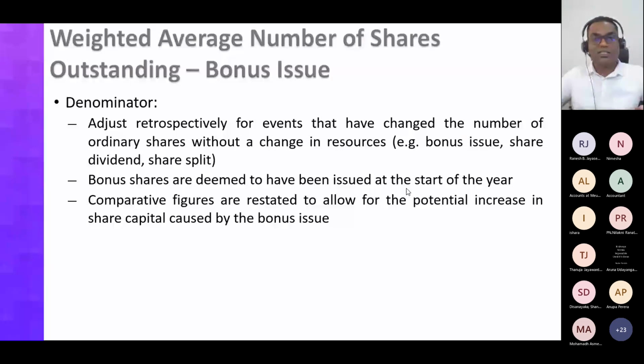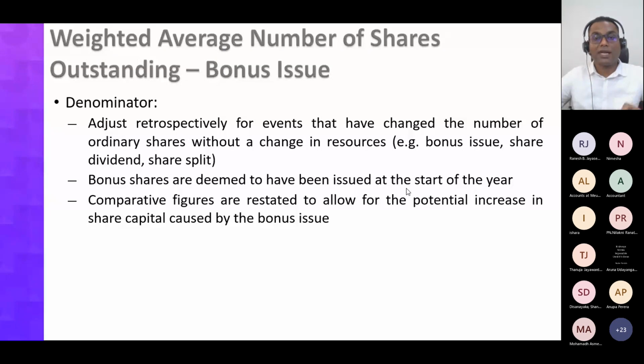Share dividends. Dividends are paid by the company not by using cash but by issuing shares. Again, when the dividends are paid by issuing shares, the number of shares will increase, but no resources are coming into the organization, no impact on the earnings. Then there can be a share split. Let's say if you believe that the share price is too high, liquidity is less, transactions are less, you can split the share.